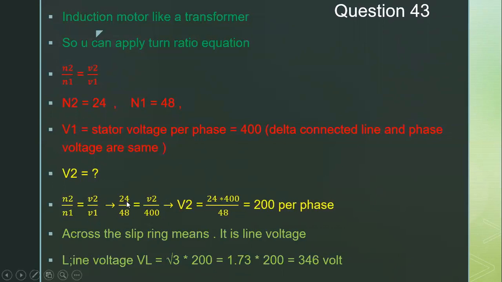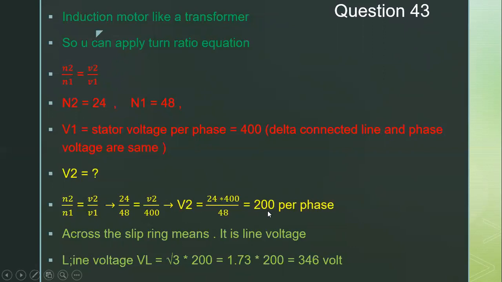N2 is 24, N1 is 48, so 24 divided by 48 is equal to V2 by 400. Rearranging, V2 is equal to 24 into 400 divided by 48. So it will be 200 volts per phase.